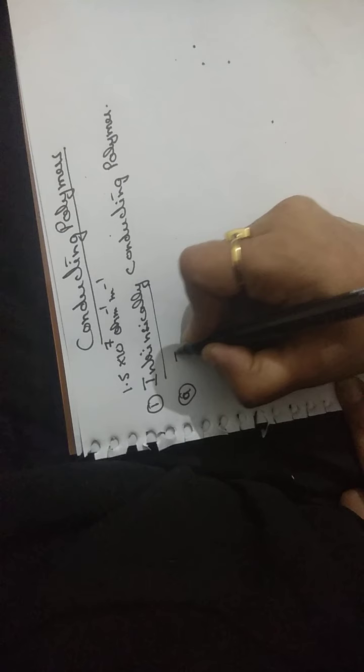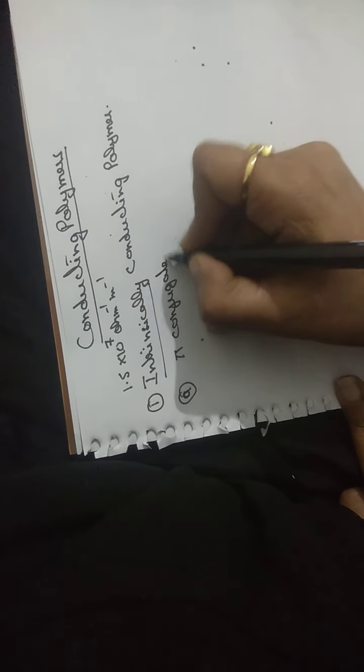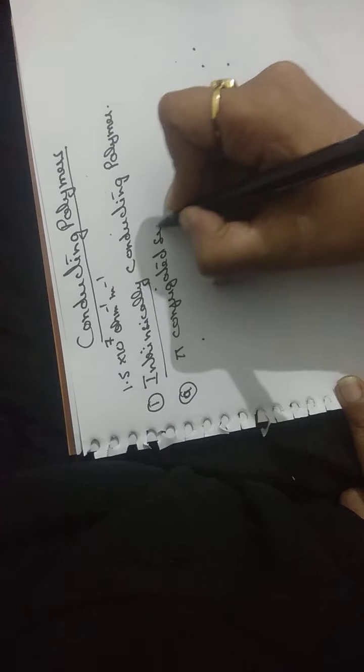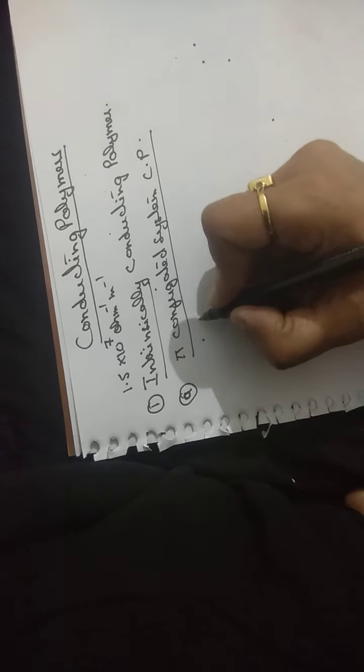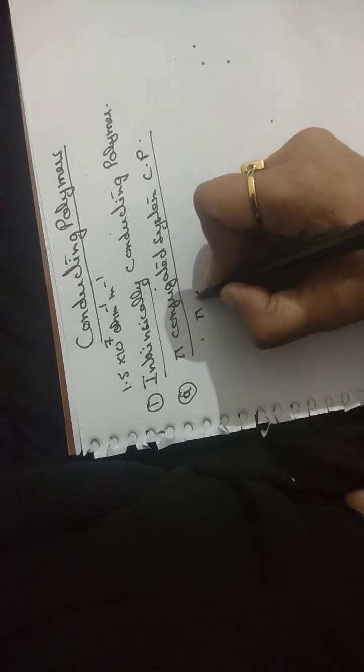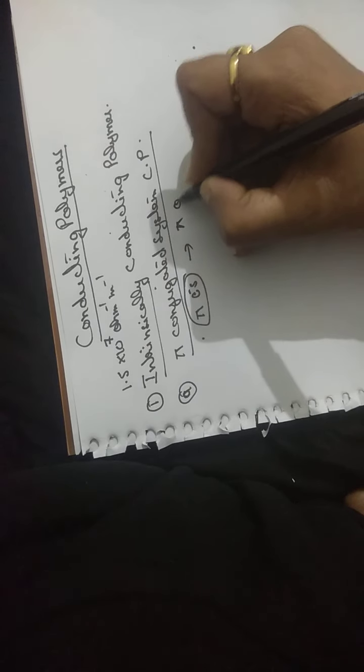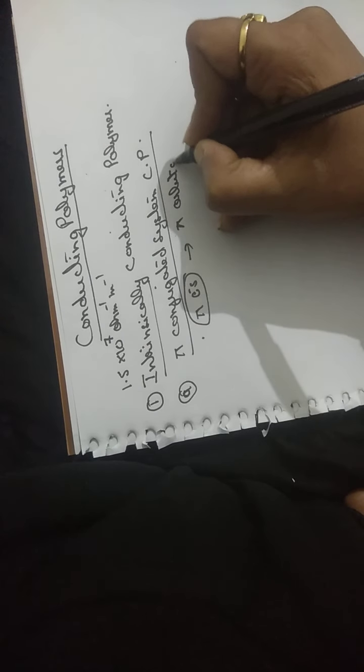The first is the pi conjugated system conducting polymer. In this polymer, the polymer can be made conducting because it has pi electrons. Because the polymer has pi electrons, it is going to have pi orbitals.